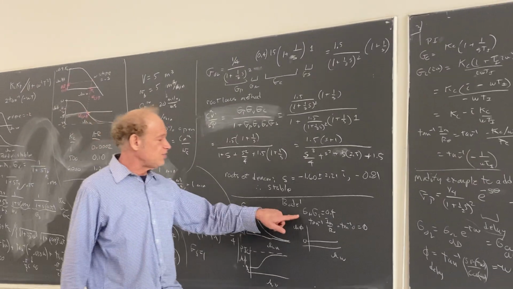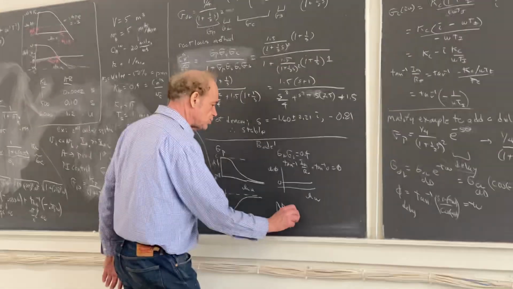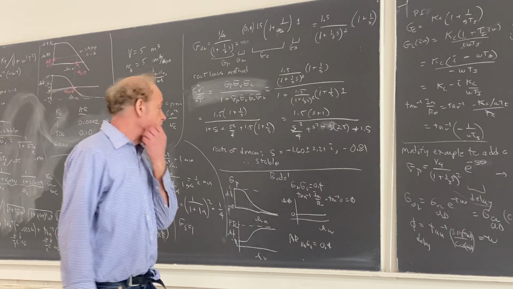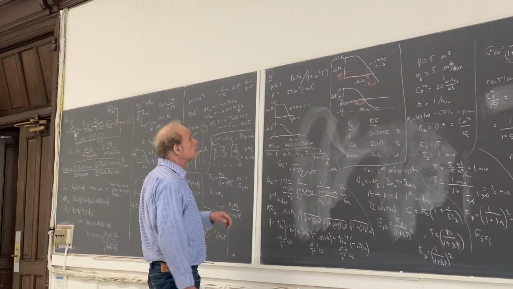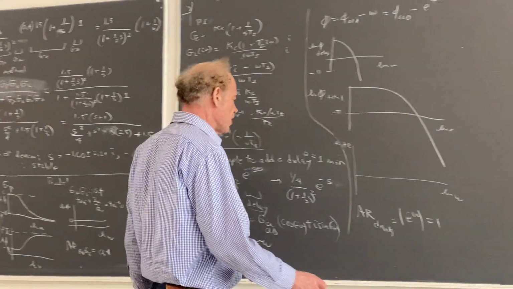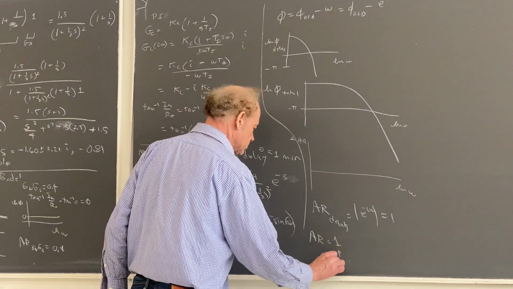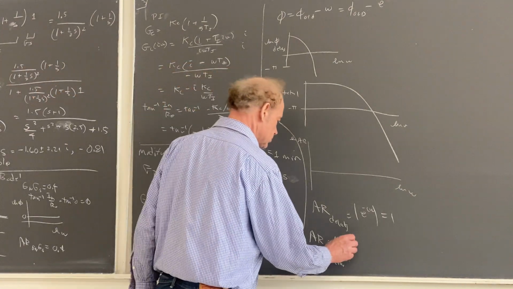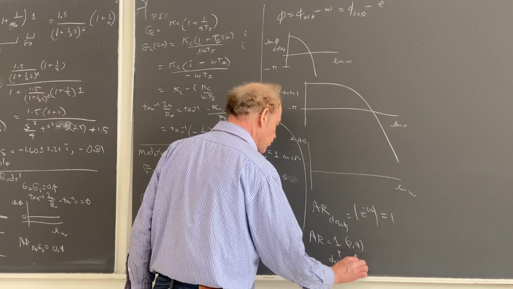Well, obviously for GV, GS, the amplitude ratio is just 0.4. The amplitude ratio for GP is second order, so we know what that is. It's just equal to this thing. So what is the amplitude ratio overall? It's equal to 1 for the delay. It's equal to 0.4 for GVGS.